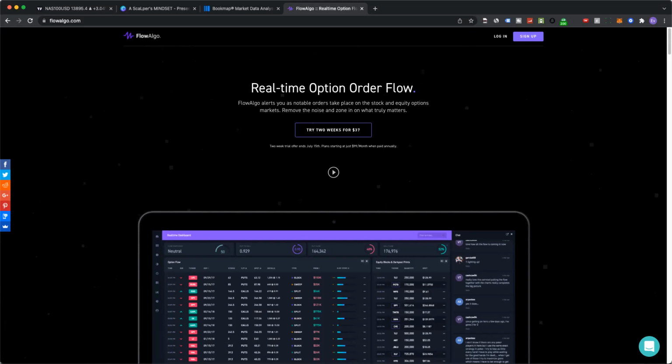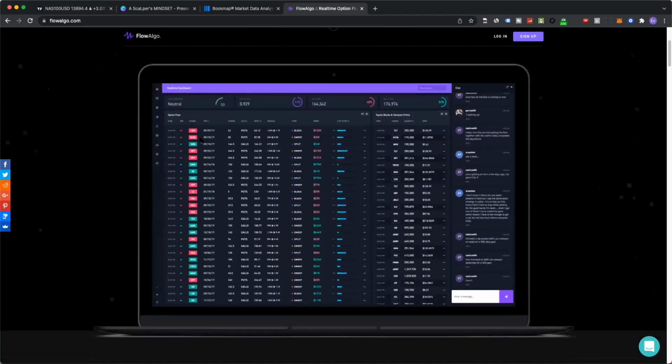When we look at this, this is based on options, but there are SPY and NASDAQ options. QQQ would be the equivalent to NASDAQ, right? So it'll tell you, hey, on this date, somebody placed a $153,000 order on puts, meaning they are looking to short the market, right? So puts mean shorts.